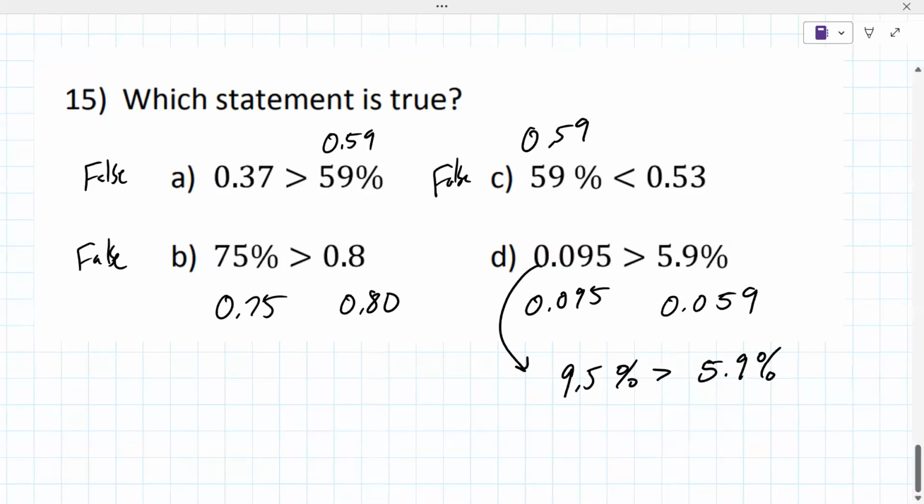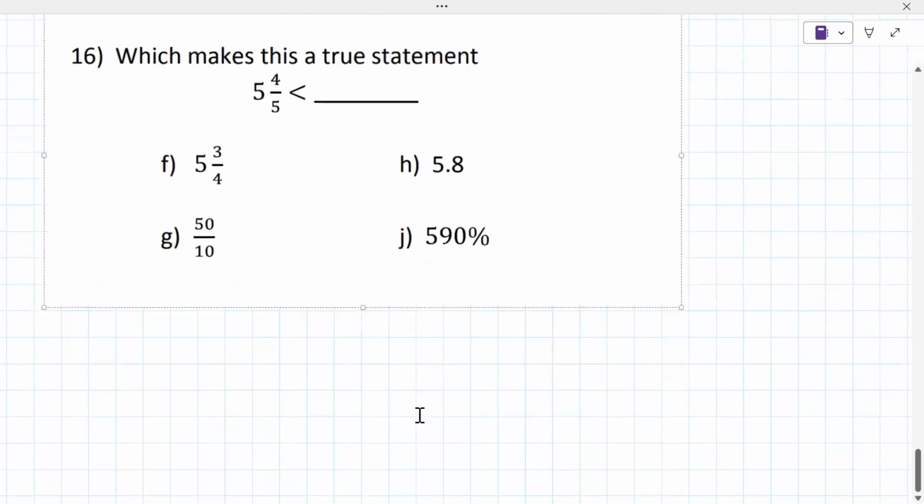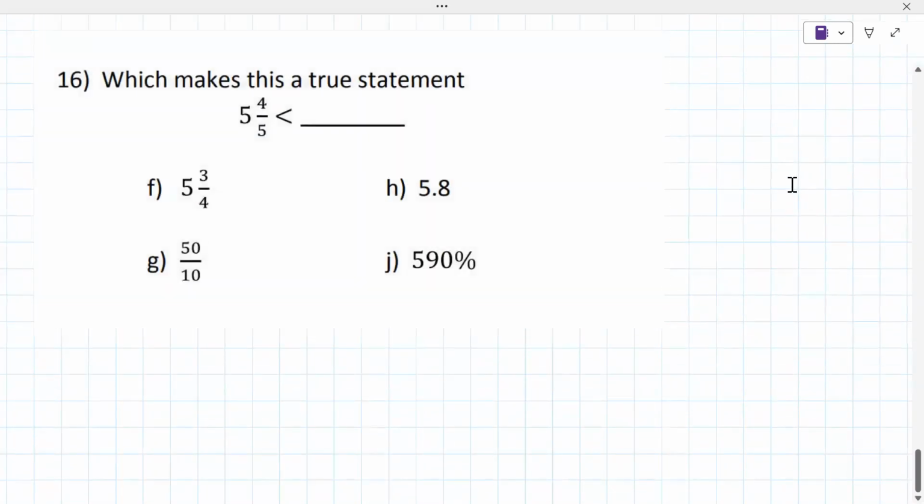All right, let's try another one. Go ahead and give this a try, please.